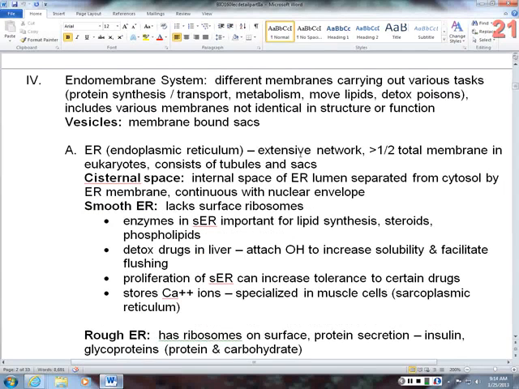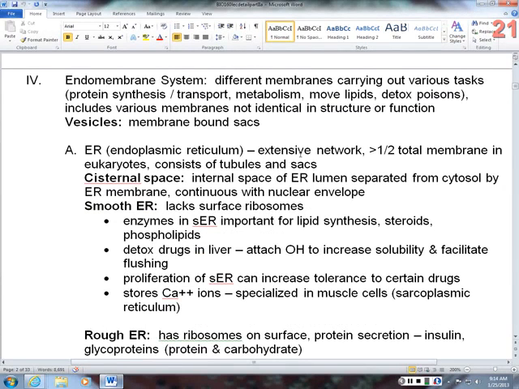The cisternal space is that internal hollow space in the middle of it, and it's separated from the cytosol by the endoplasmic reticulum. Everything outside of this is separated from what's inside.